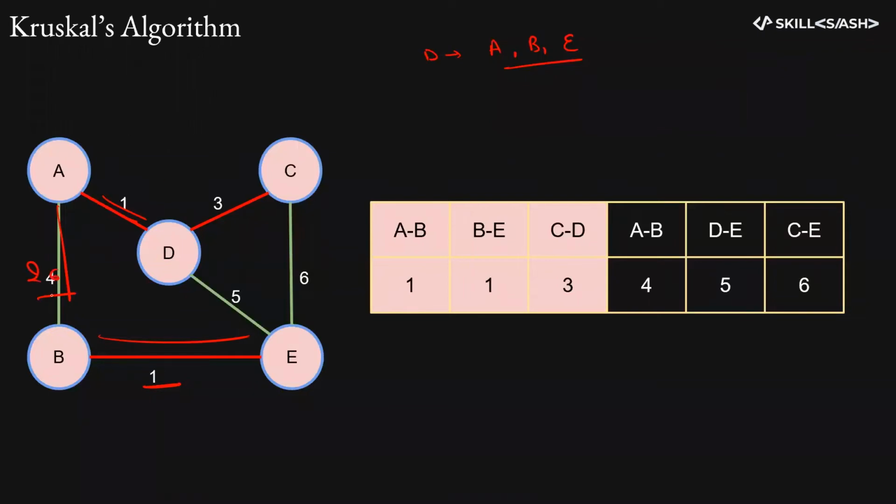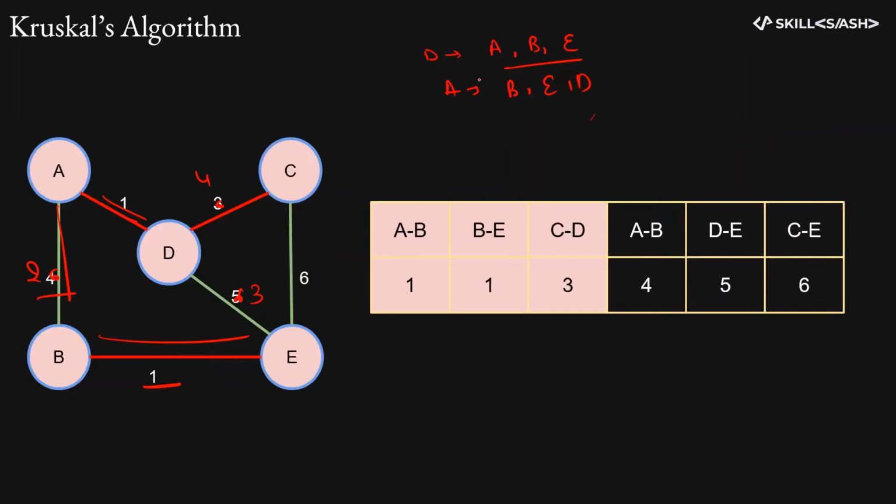Let's say this is 2, this is 3, and this is 4. If this kind of graph is there, then for D we have only three parents: D to A, A to B, B to E, that's it.